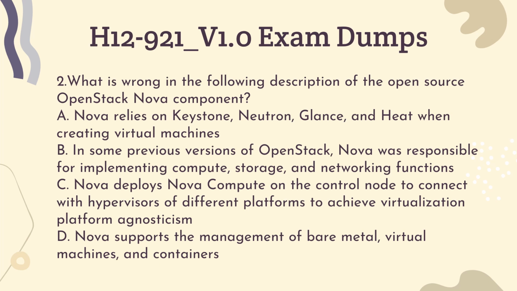C. Nova deploys Nova Compute on the control node to connect with hypervisors of different platforms to achieve virtualization platform agnosticism. D. Nova supports the management of bare metal, virtual machines, and containers.